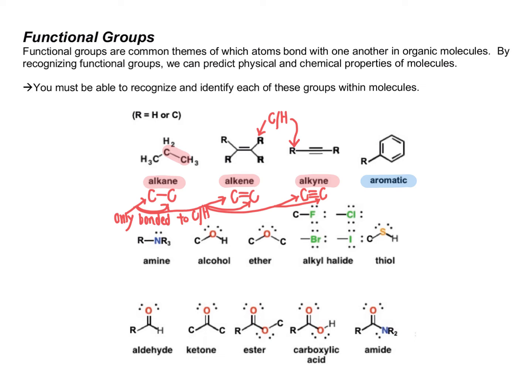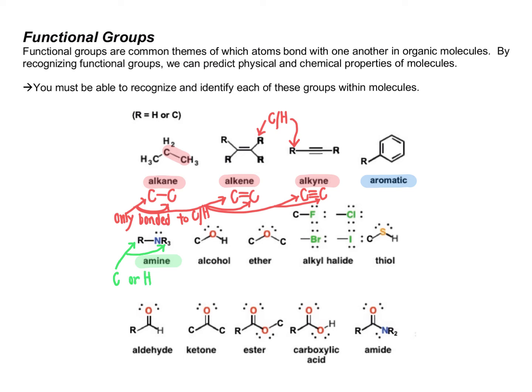Now onward to the functional groups that we haven't already talked about in some shape or form in earlier videos. The amine functional group refers to the situation where we have a nitrogen atom, and that nitrogen is directly bonded to these R groups here, where the R groups are carbon or hydrogen.